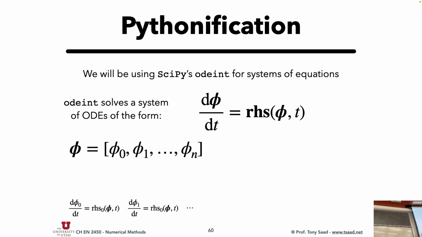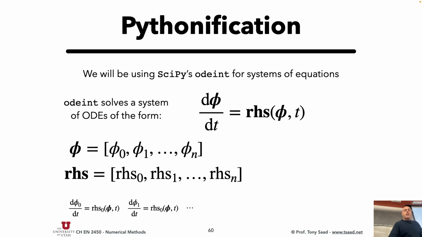And our full phi vector represents the first dependent variable, the second, and so on. So this is the generic form. And the right-hand side vector represents the right-hand side for the first equation, the right-hand side for the second equation, and so on.